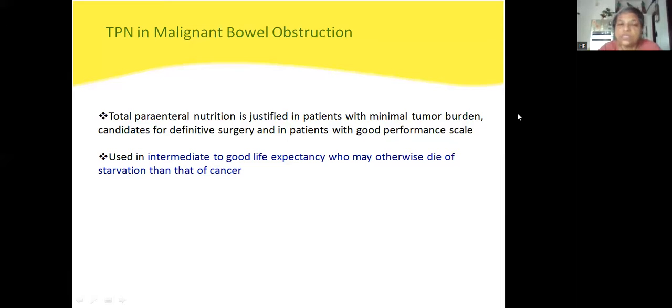It is also used in intermediate to good life expectancy patients who may otherwise die of starvation rather than of cancer. Suppose the patient's life expectancy is okay but cannot go for surgery. In those cases, instead of the patient dying of starvation, it is better to give total parenteral nutrition. So this also can happen.